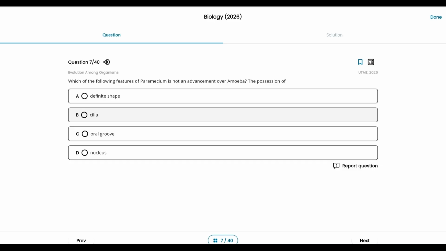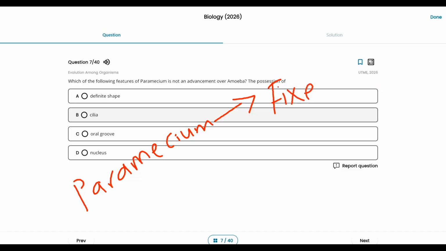Paramecium has a fish shape due to its pellicle. Paramecium has a fixed shape. This is how a typical paramecium looks like. So paramecium has a fixed shape.